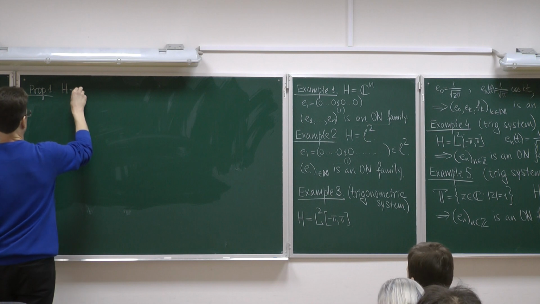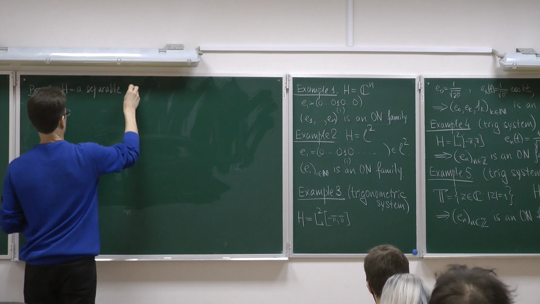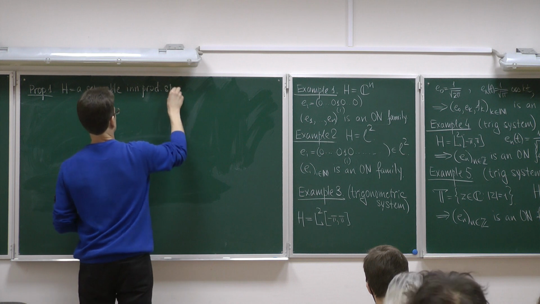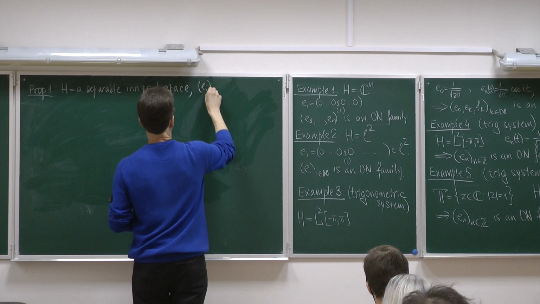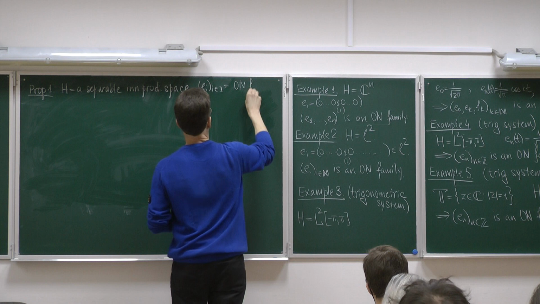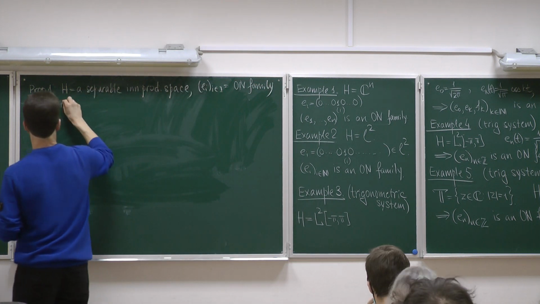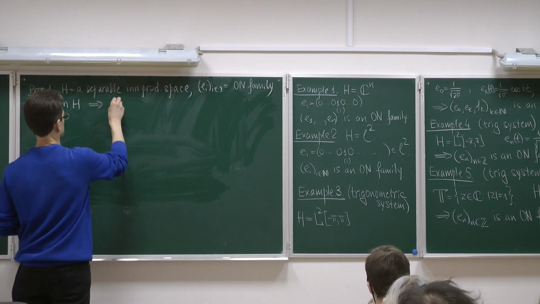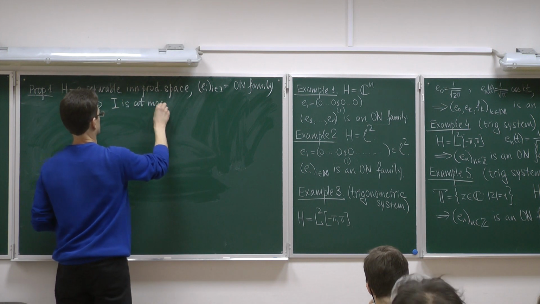If H is a separable inner product space, and if Ei is an orthonormal family in H, then it is at most countable. That is, the index set I is at most countable.